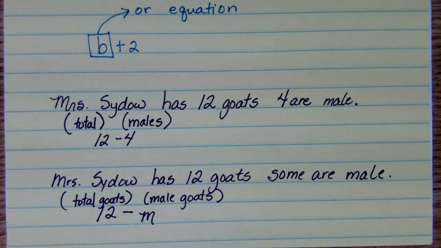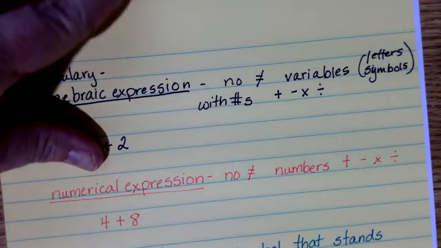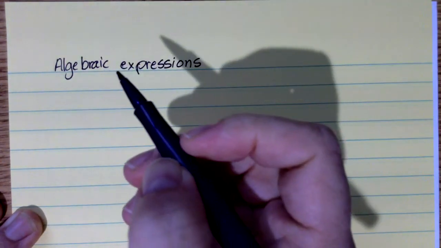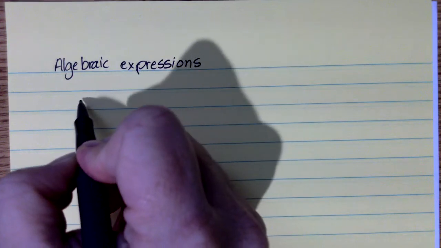So a couple of other algebraic expressions might be, like I said, you've probably seen x and y used a lot. So maybe x plus 9 or n minus 1. Those tend to be the letters that are used. And when they do the little x, you'll notice that it's not the same as the multiplication x.